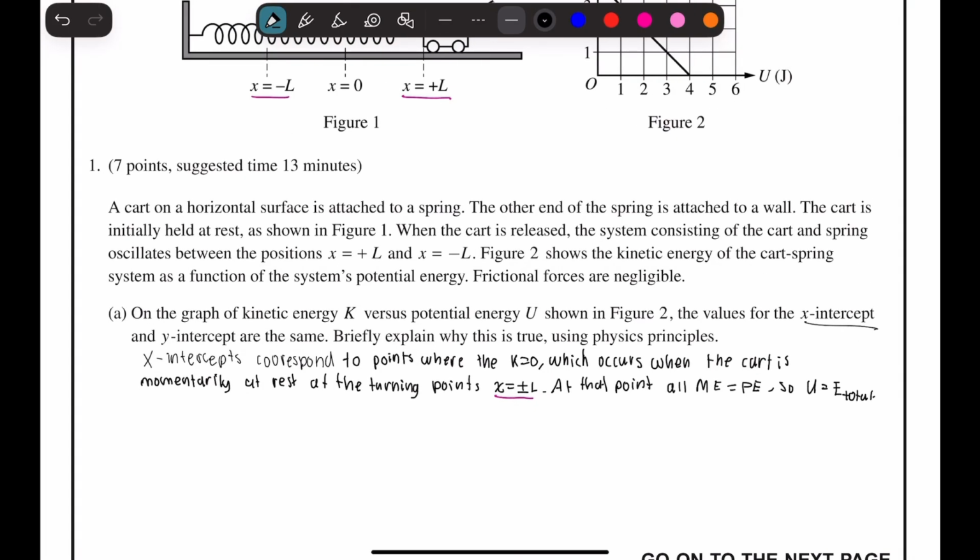And it's also asking about the y-intercept, so we can write an explanation for the y-intercept.